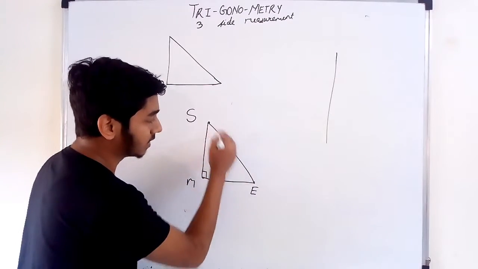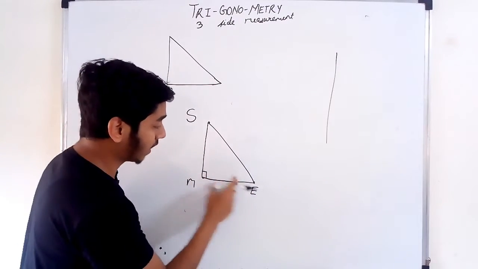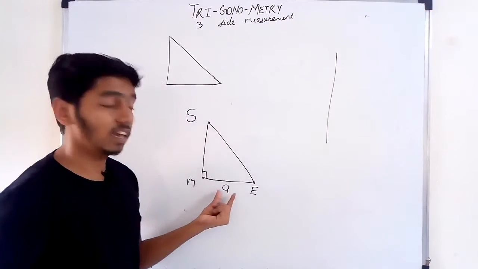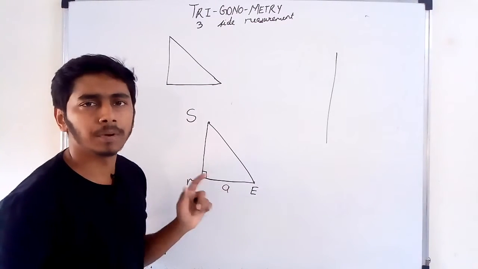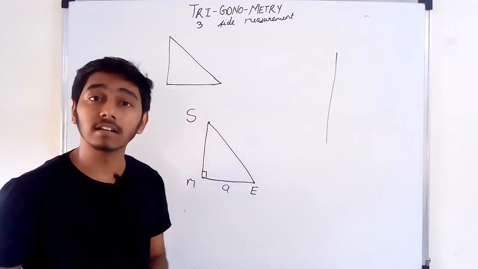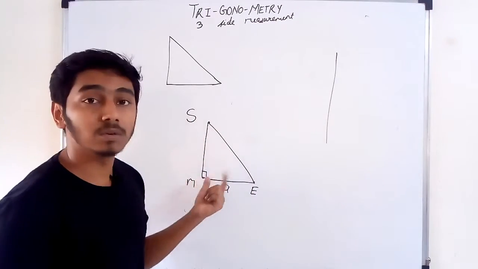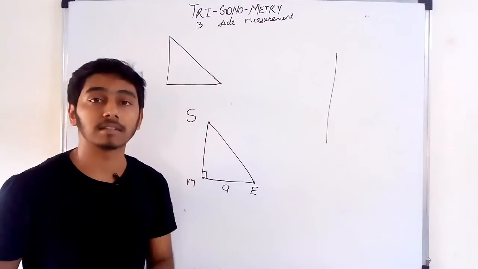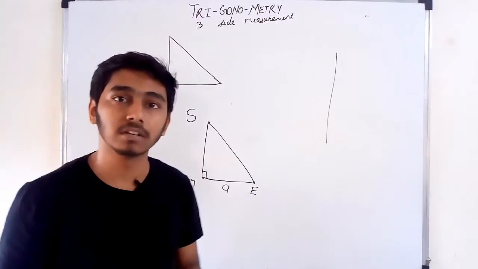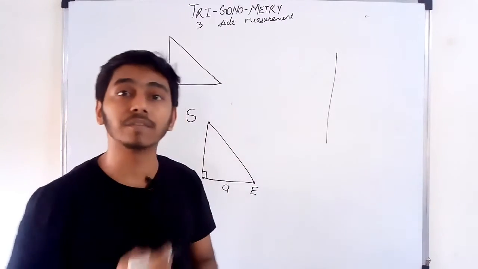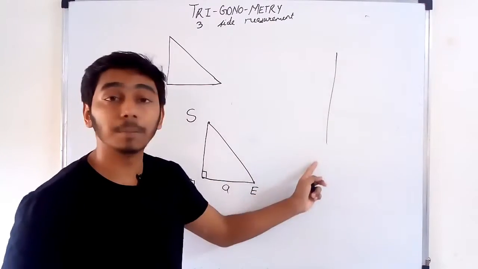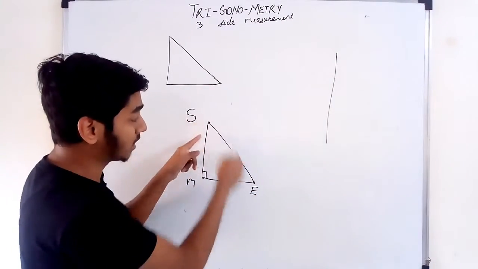And to find the distance here, we can find the distance between this and this, let's say some kilometers. So to find the distance between the sun and the earth, it can be found using trigonometry again. I'll tell you how to find this towards the end of the video, how to find the height of the building, or the distance between the sun and the earth.